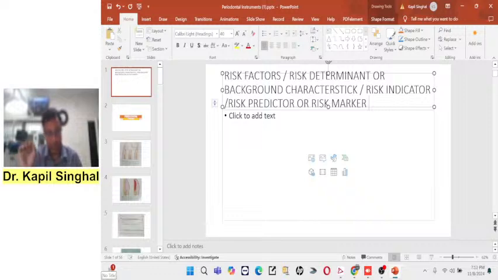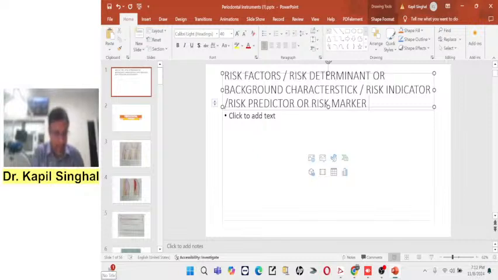So what are risk indicators that are identified by cross-sectional studies but are not identified by longitudinal studies? You need to remember three examples. Number one is HIV or AIDS, second is osteoporosis, and third is infrequent dental visits.